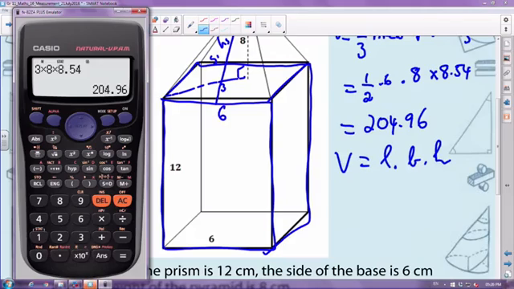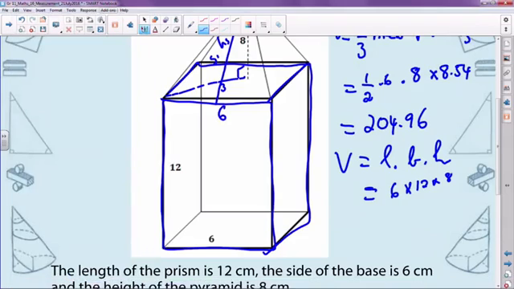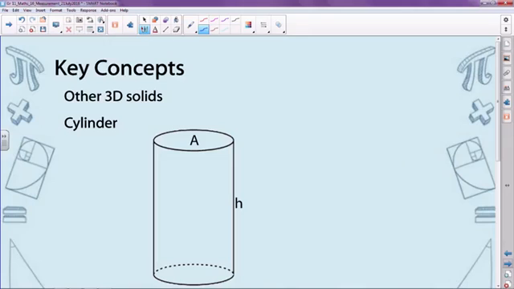So you've got 12 times 12 times 6, times 8, which is 576. And then you combine the two, then you've got your total volume.